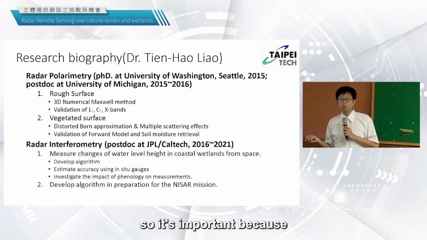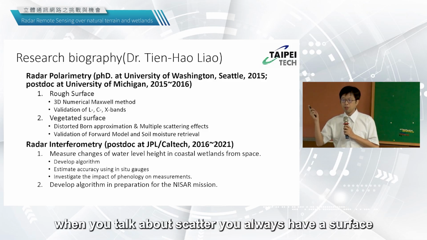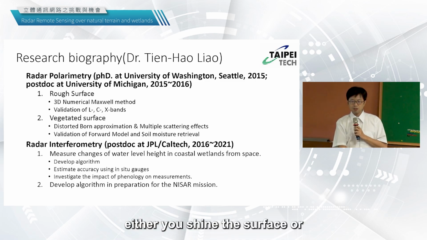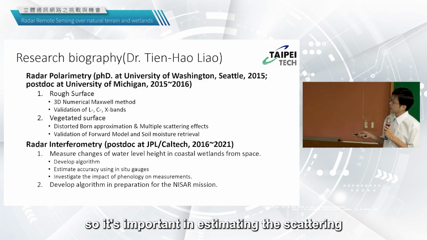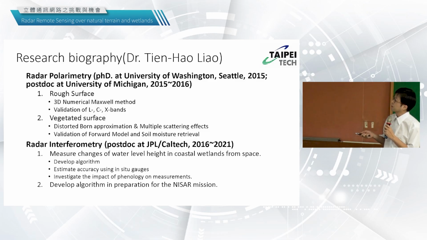It's important because when you talk about scattering, you always have a surface, either you shine the surface or something bounces off an object and the surface and comes back. So it's important in estimating the scattering of a rough surface.